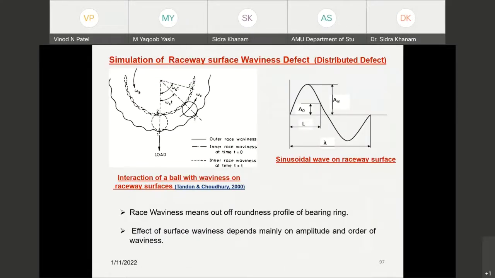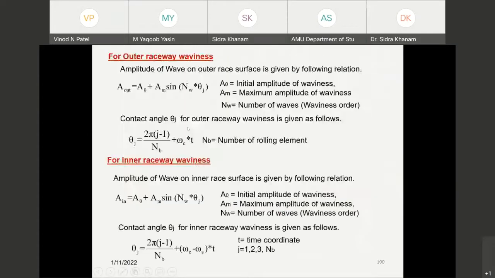And when there is consideration of waviness, when this kind of waviness is available, we have used the same equation used by Tandon and Choudhury sir, that the outer race amplitude can be the initial amplitude plus a sinusoidal wave with consideration of the number of waves available and the outer raceway waviness order, where theta j can be calculated from the position of the ball.